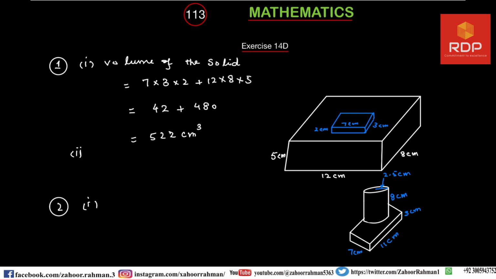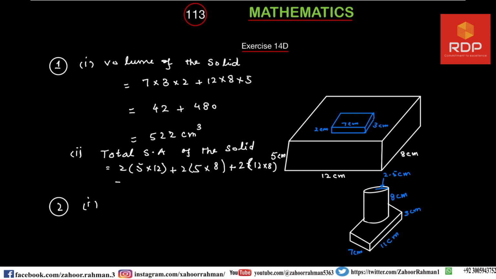So we have the formula. Total surface area of the solid will be equal to 2 into 5 into 12 plus 2 into 5 into 8 plus 2 into 12 into 8, that is for the first one, and similarly we will get 2 into 2 multiplied by 7, that is for the smaller one, plus 2 into 3 multiplied by 2.